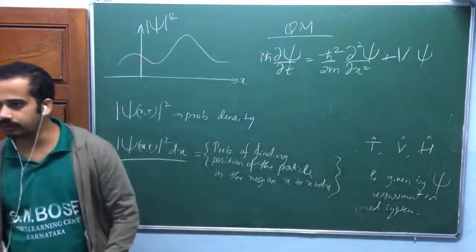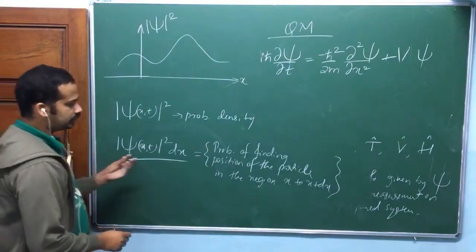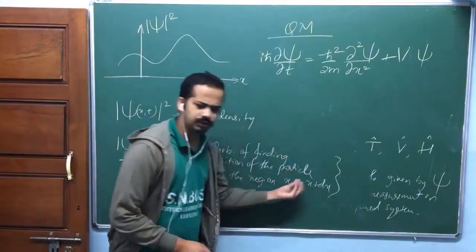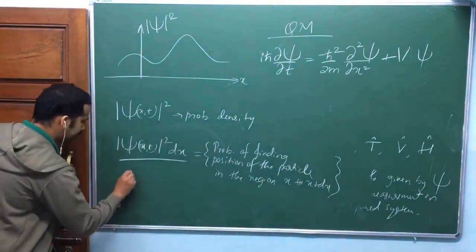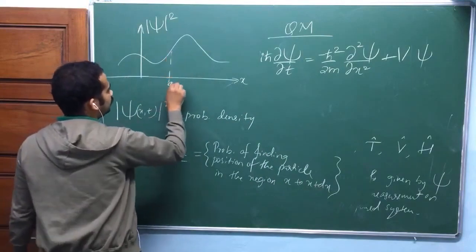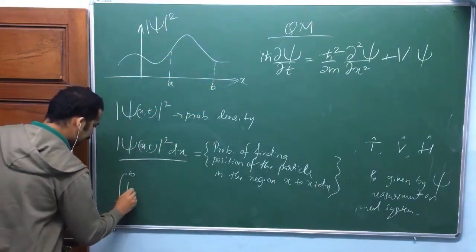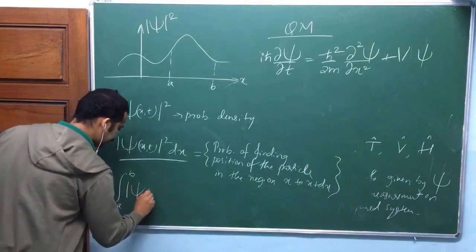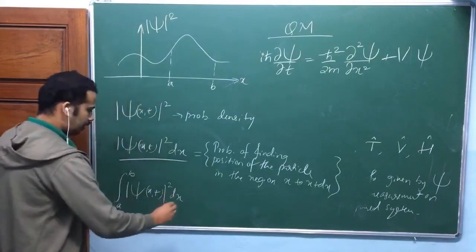We are going to discuss probability. But just see this one. Once it is a probability of finding the particle between a short range x to x plus dx, you can integrate this from a to b. Suppose you have some a here, b here. If you are integrating this from a to b, what you will get?